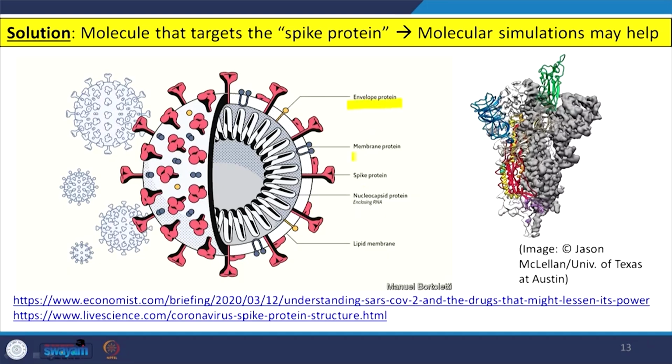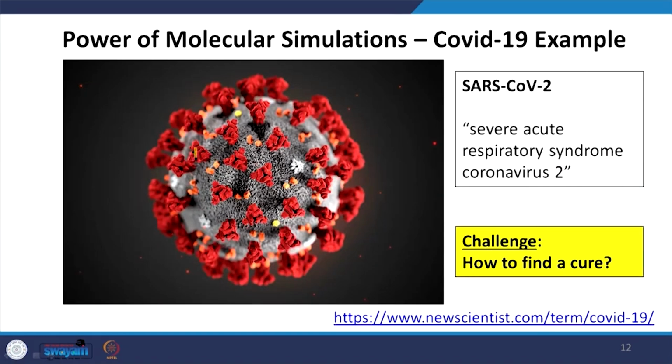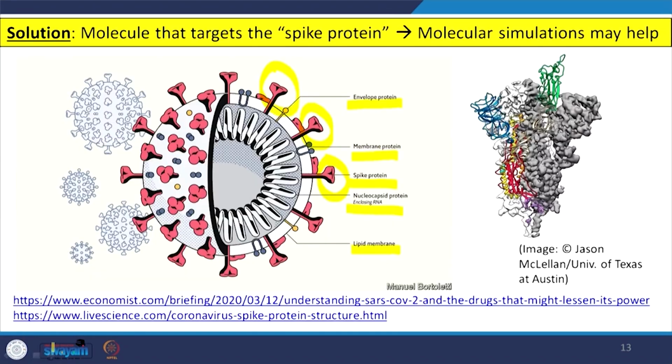It has various types of proteins, right. The most important proteins from the point of view of attacking that virus are these spike proteins that you see, these red beautiful guys in here. These spike proteins are very complicated molecules, they look something like that, right.